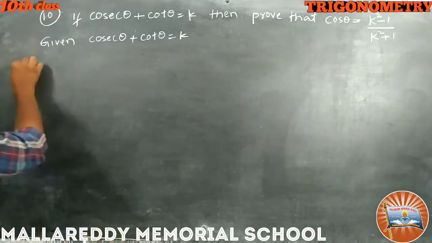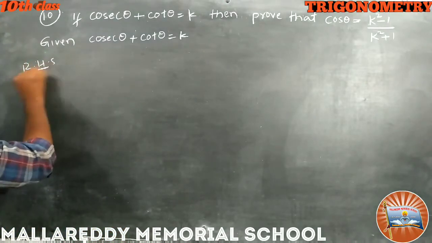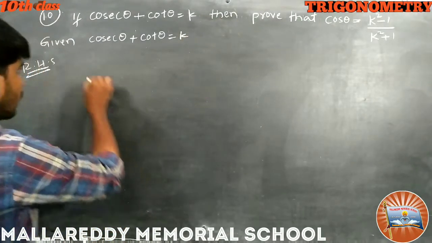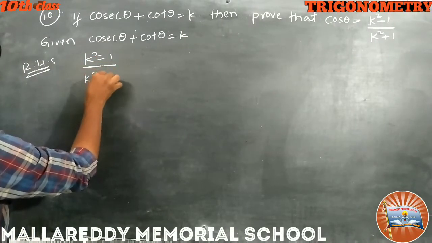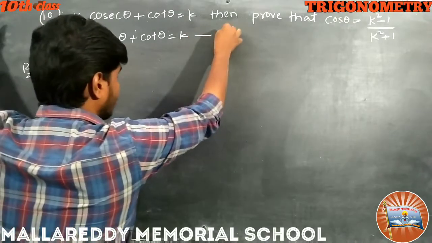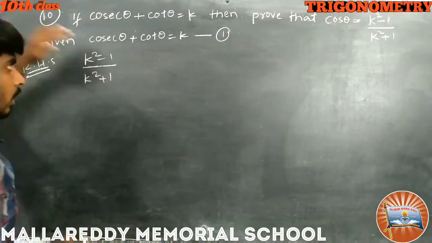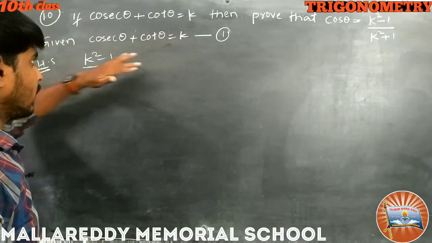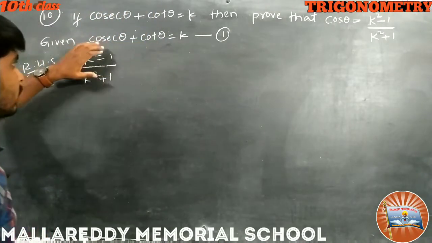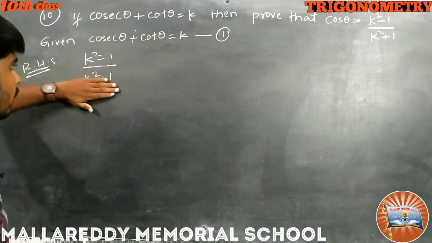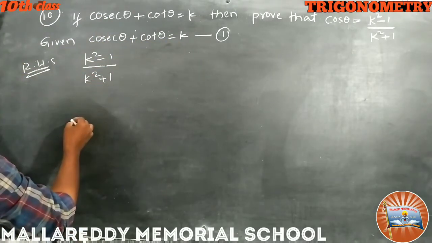So I am taking here the RHS. What is the RHS given there? That is nothing but (k square minus 1) by (k square plus 1). Consider it is equation 1. From equation 1 we can replace the k value as cosec theta plus cot theta, isn't it? So what we get here?